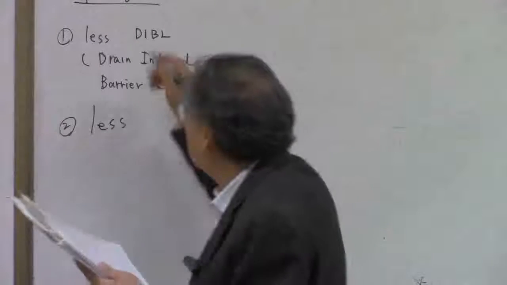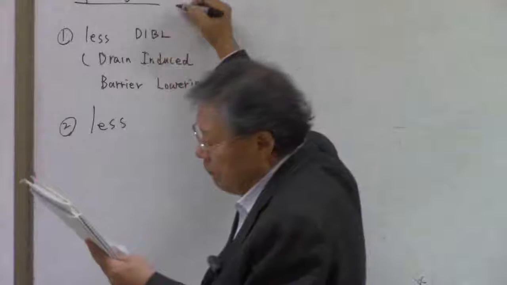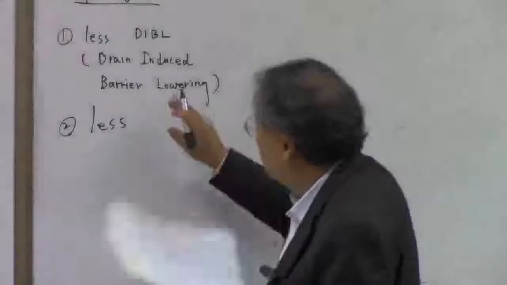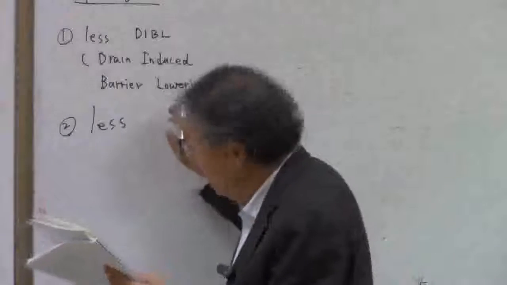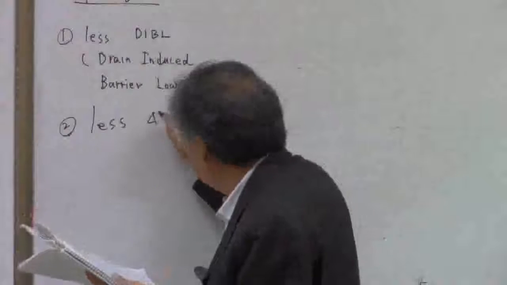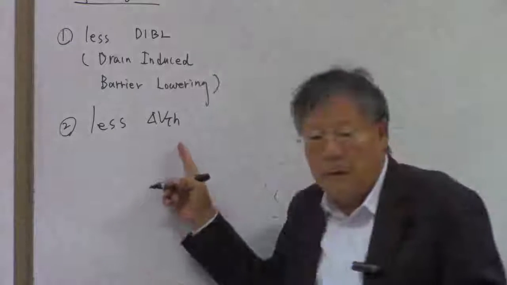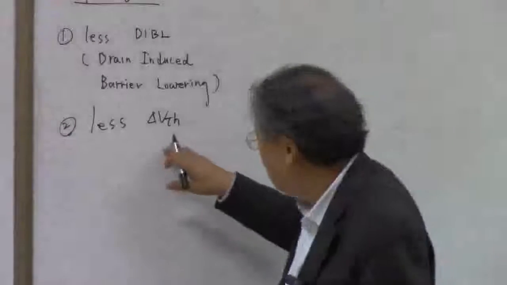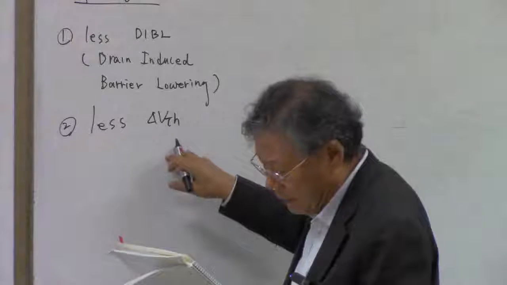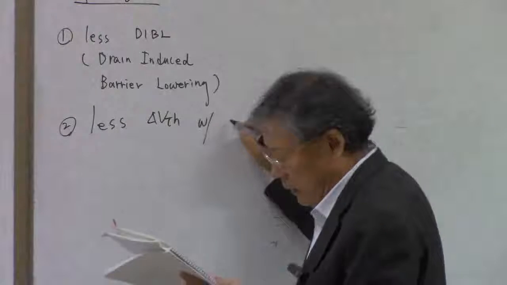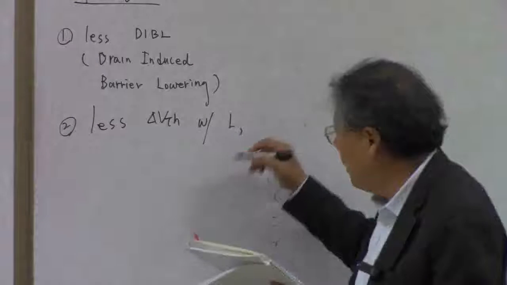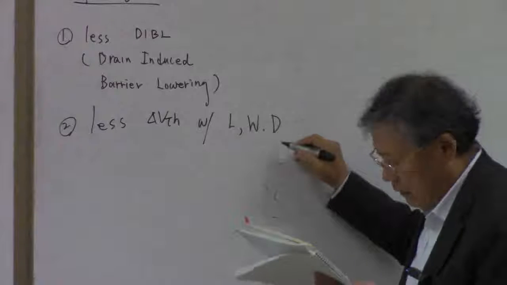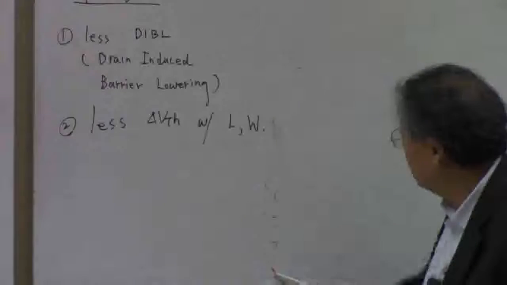Anyway, if you have a high doping, then we can have less DIBL, which is good, and less delta VTH, body effect, right? Back-gate bias effect, with length geometry, length and the W, the width of the channel, and then drain voltages.